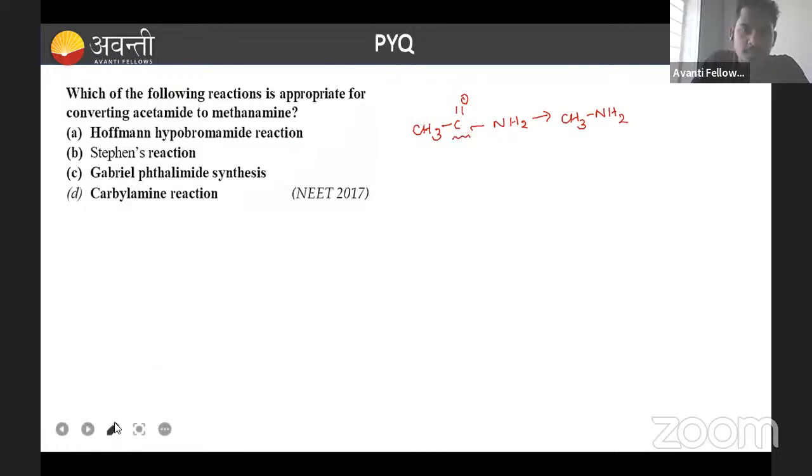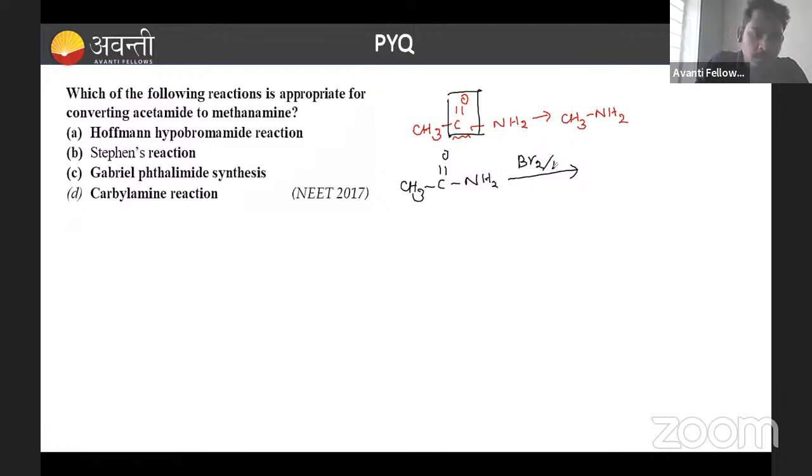So if we use the Hofmann bromamide reaction, we take CH3CONH2 with bromine, and we just omit the CO group and we will have NH2. So I hope you know the mechanism of this one.